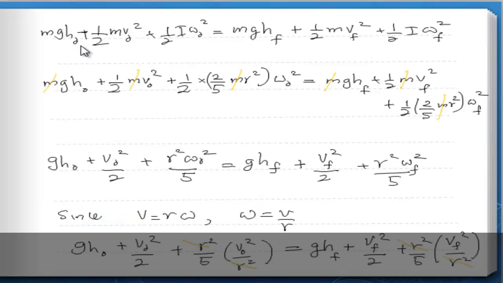You need to write the mechanical energy at the top of the plane, which is mgh0 plus 1 half mv squared plus 1 half I omega squared. So this is the rotational kinetic energy, and this is the translational kinetic energy. At the bottom of the plane, mghf plus 1 half mv squared plus 1 half I omega f squared.